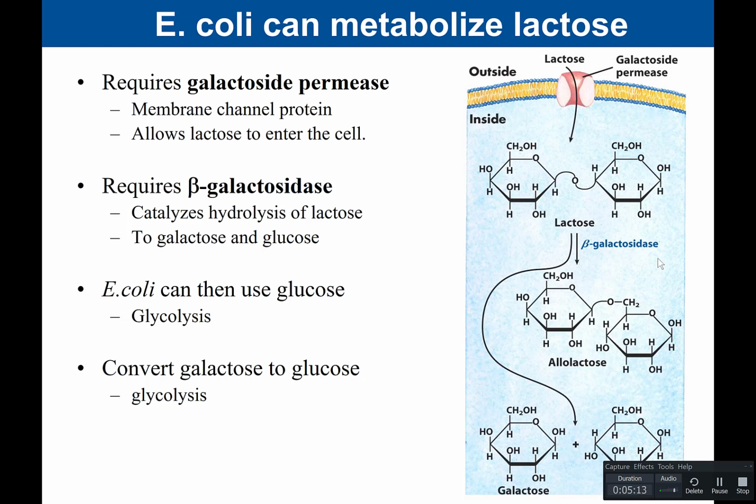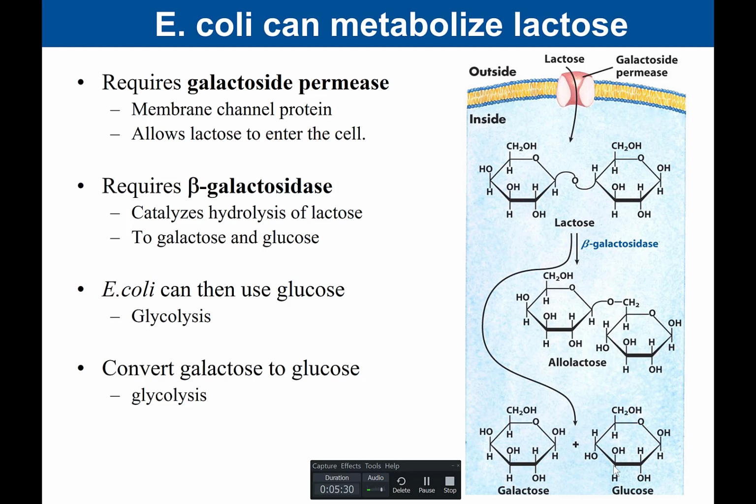And this enzyme is going to catalyze the hydrolysis of lactose, basically meaning that it's going to break apart the disaccharide. When it breaks apart the disaccharide, it's going to produce galactose plus glucose. And so it's going to break down the lactose, the disaccharide, into its monosaccharides, the galactose and the glucose.